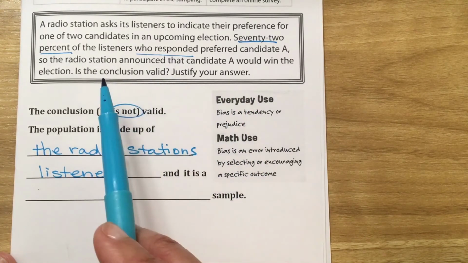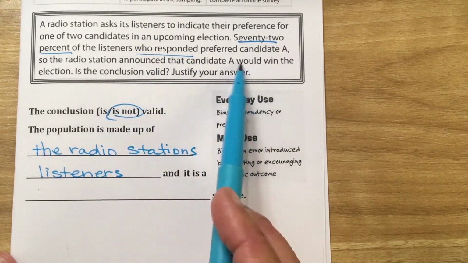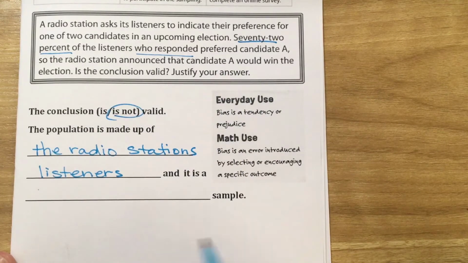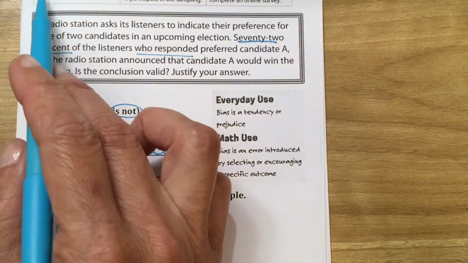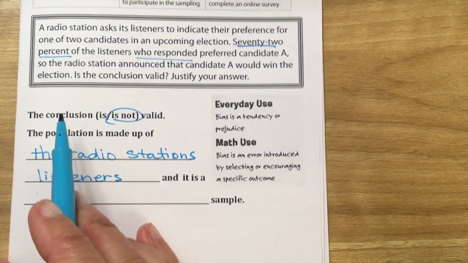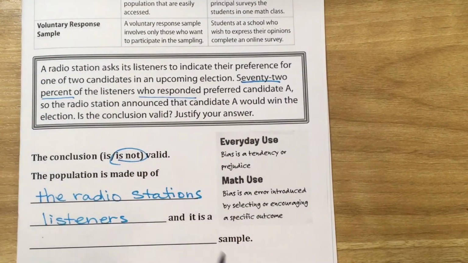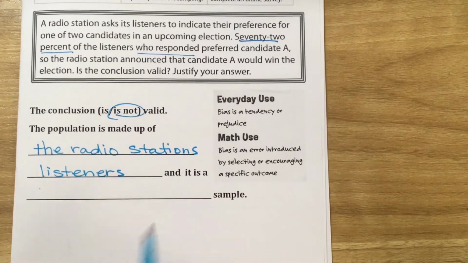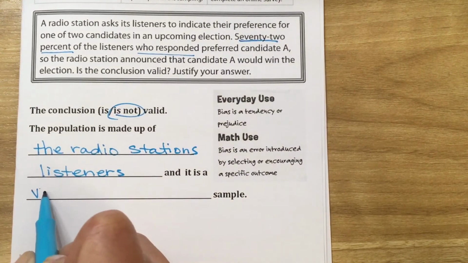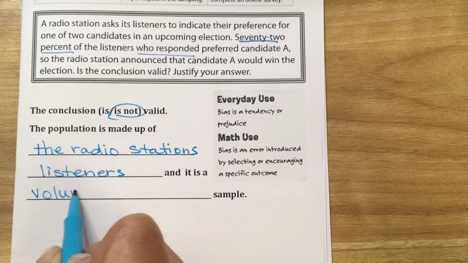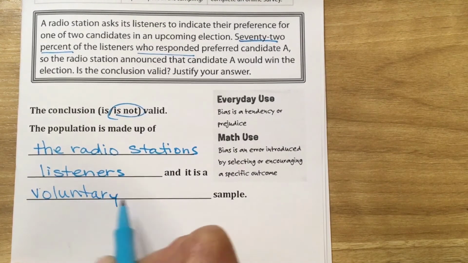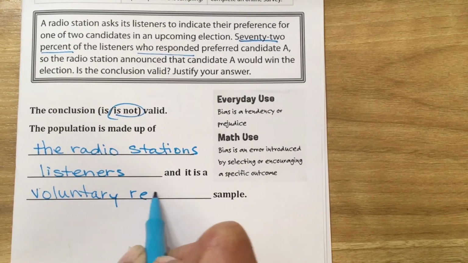We don't know. It's just responding to candidate A. Any which way, it's not a good response because it's a voluntary response. It's just who wants to call in. So we put voluntary response.